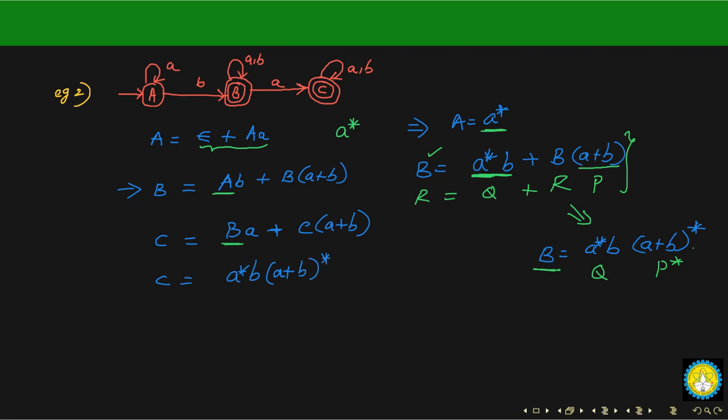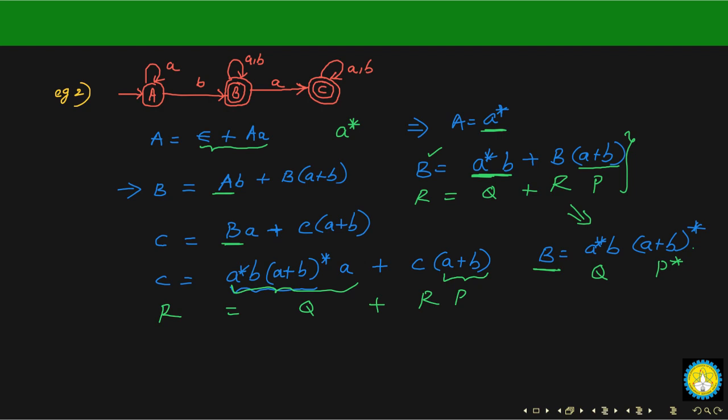So this whole thing represents B into A. When I say into, it's actually concatenation, plus C into A plus B. Now, if you watch this expression again, this is also in the form of Arden's format. If you consider C as R, C is repeating here, and you can consider A plus B as P, and this whole expression as Q. So R equals Q plus RP. This is in the same format. Now we can equivalently write C as QP star.